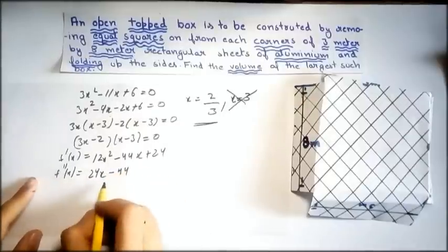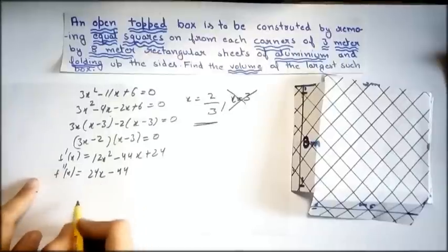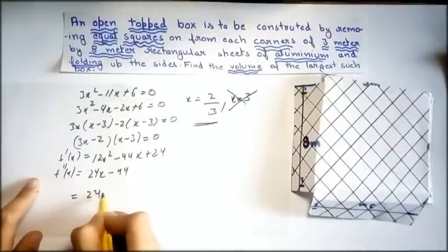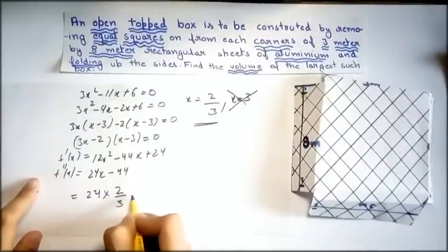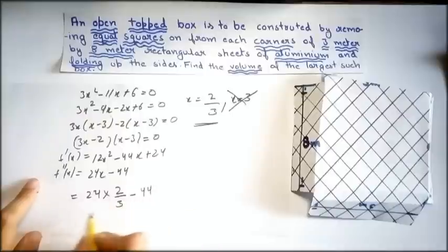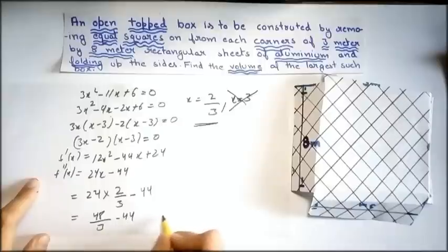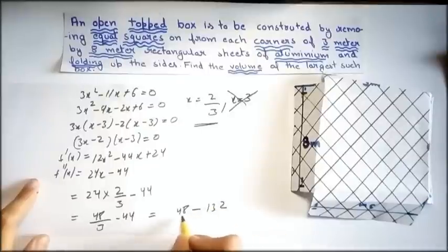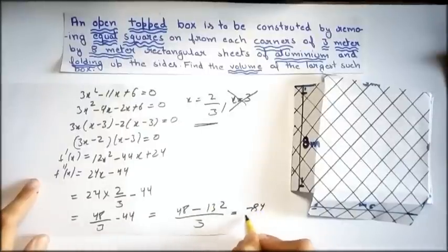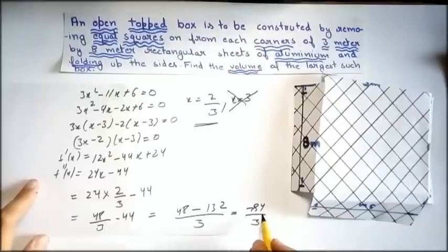Now we will put the value of x in this, that is 24 multiplied by 2 by 3 minus 44. Now let's solve this, that is 48 by 3 minus 44 is equal to 48 minus 132 by 3. The answer is minus 84 by 3, and I think it is divisible by 3.